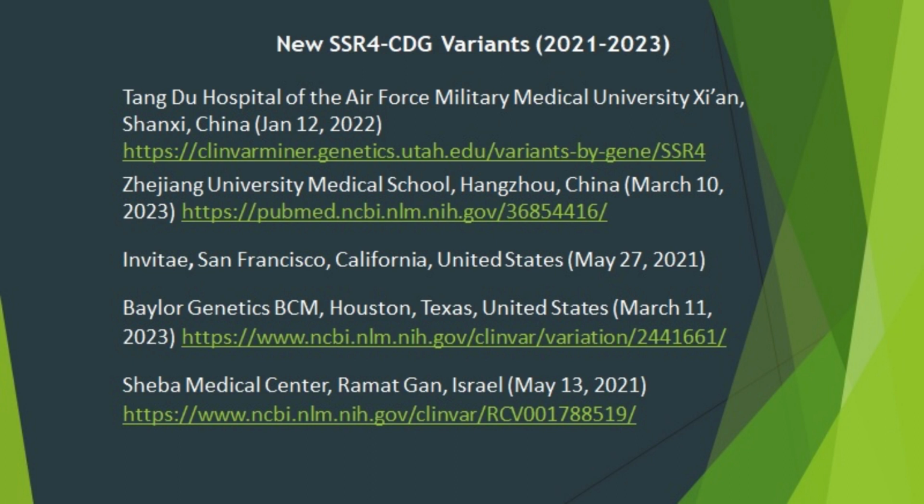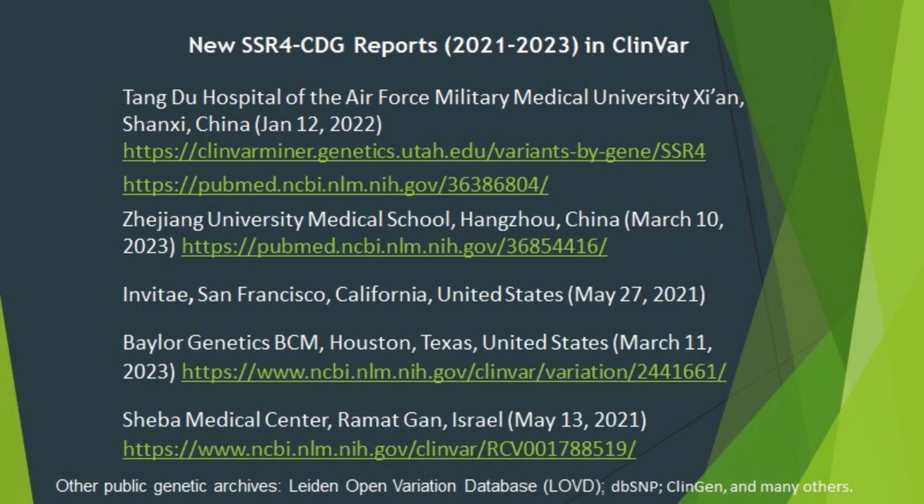Clinicians submitting genetic profiles of their patients to the public archives help us identify families with SSR4-CDG family members. According to ClinVar, a public archive with free access to reports on human variations of congenital genetic mutations, 5 interpretations of new SSR4 variants have been submitted just in the last 2 years.